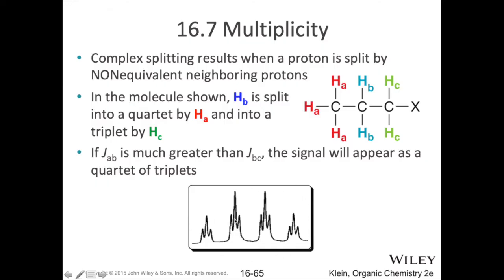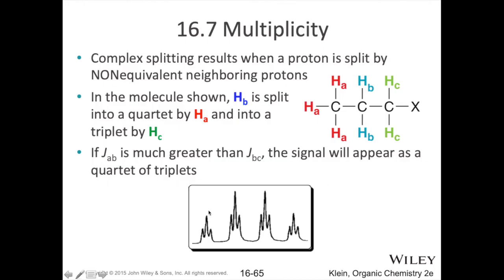Basically, if you want to measure the coupling constant for BC, it would be the coupling constant you measure in each of these little triplets, and they would be the same value. Remember, it's the two hydrogen C's that are splitting hydrogen B into that triplet.